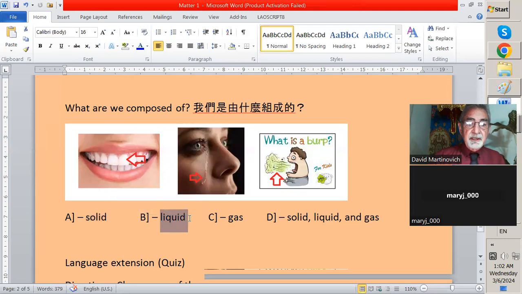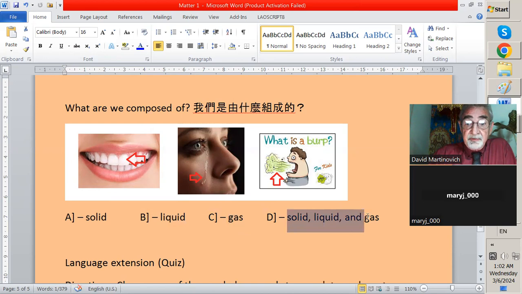Show me your thumbs if you think B is the correct answer. Show me your thumbs if you think that C is the correct answer. And show me your thumbs up if you think D is the correct answer. Okay, D is the correct answer.